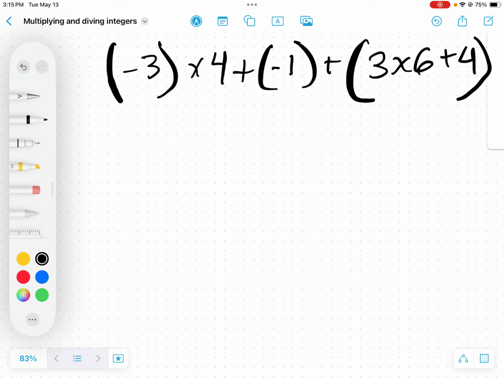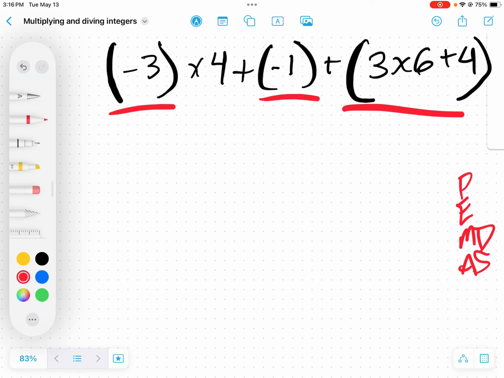Alrighty, so we have a decent amount of parentheses. Now, we're looking at PEMDAS, and the question is which set of parentheses are we going to do first? You're going to want to start at the left and work your way to the right.